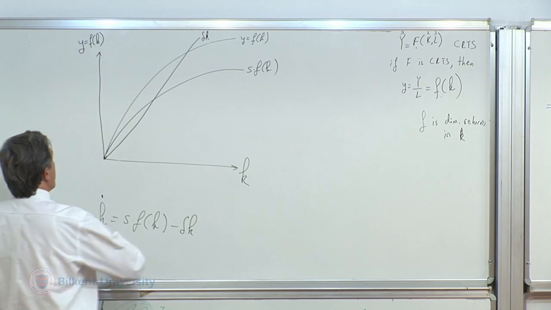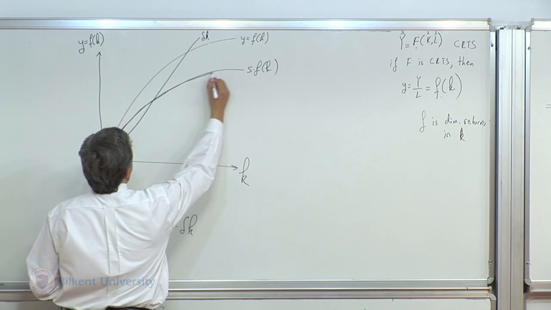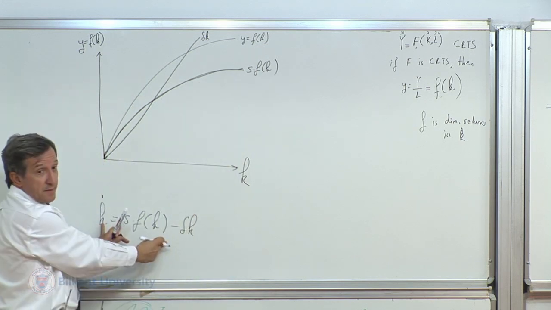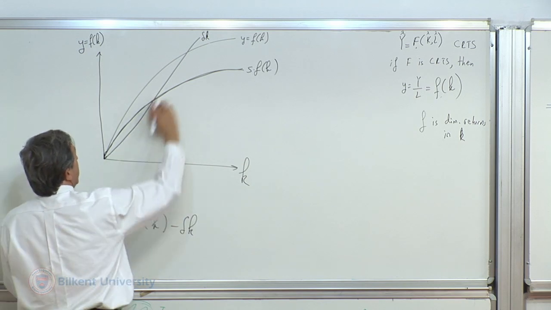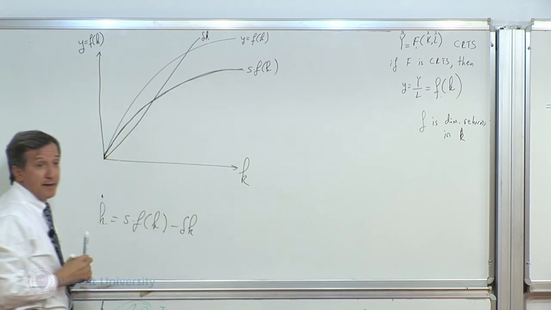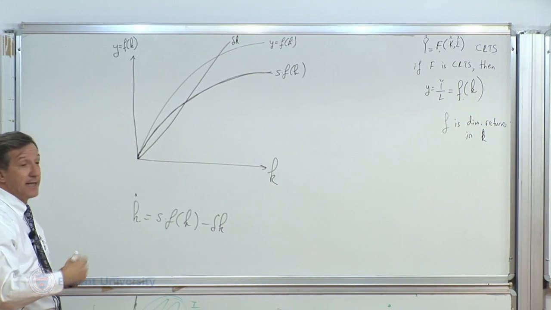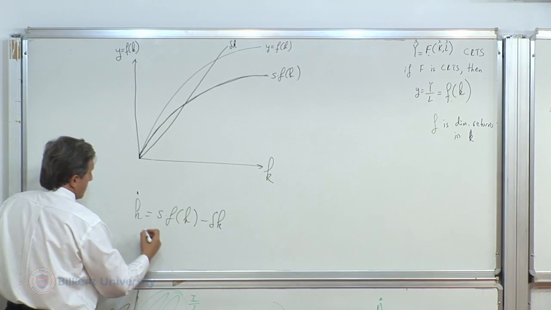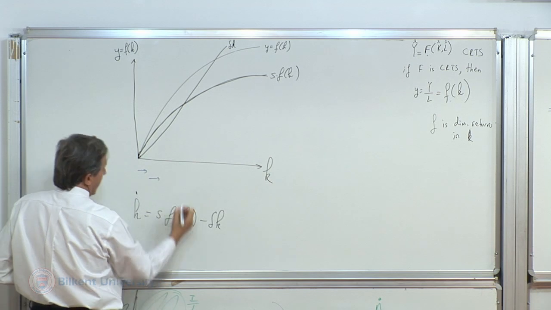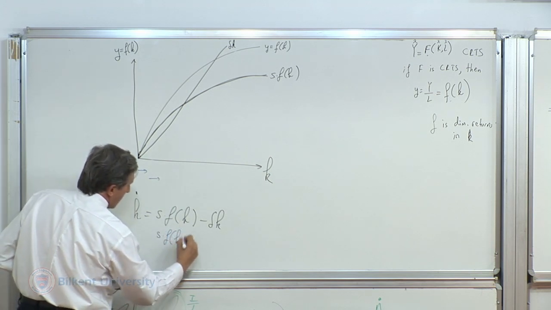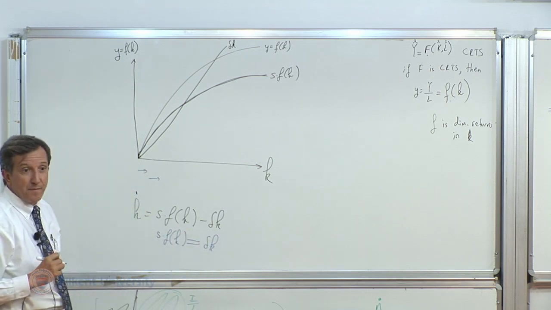And this is my s times f of k function. The difference between this ray and the s times f of k tells me that capital increases in that region. So it increases over time, and when this thing happens, then there is no change.